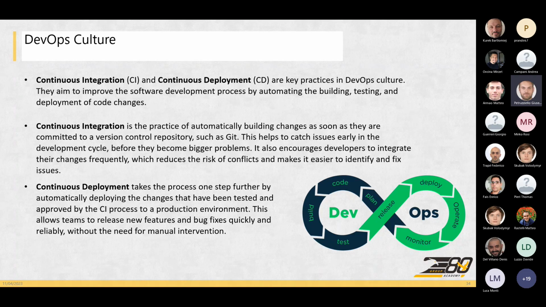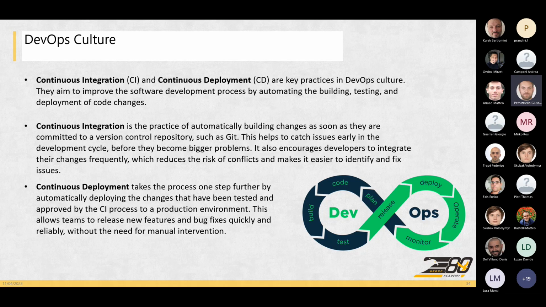There are 2 key important practices about DevOps: continuous integration and continuous deployment. About continuous integration, the definition is a practice of automatically building changes as soon as they are committed to a version control repository, such as Git. In our specific case, we use Azure DevOps and Git.